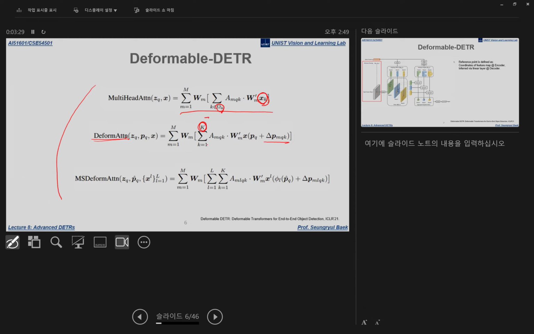But now we are changing that to have some of the K pixels, okay, K nearby pixels. So things are a lot simplified thanks to this change. Okay, previously the dense feature map was considered for the K, but now we will consider only a sparse number of pixels. Okay, for this X.